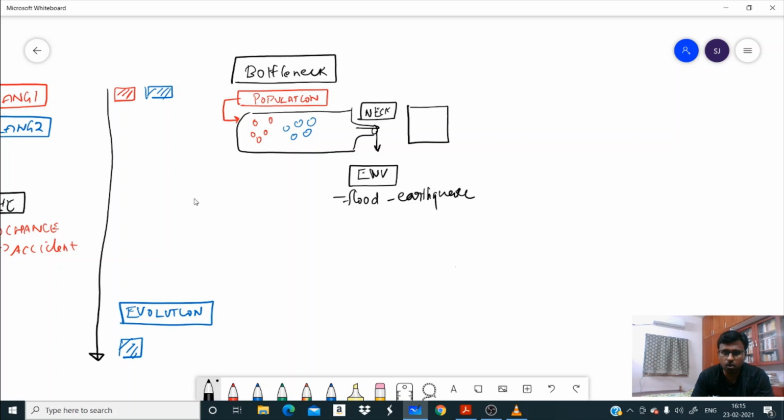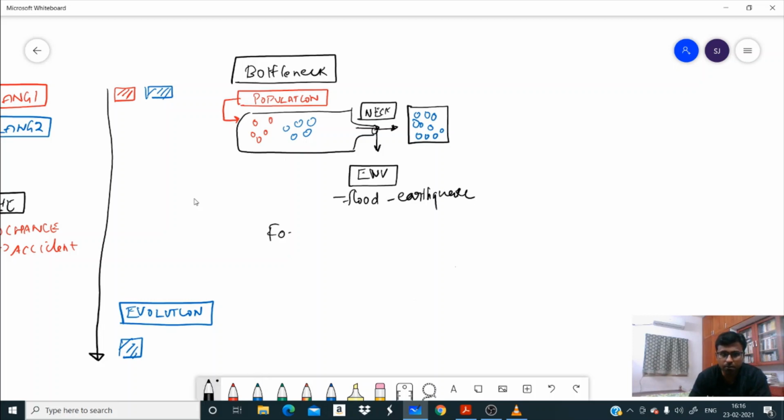So what will come out of it? Only the rest. As in genetic drift we saw, only the rest of the population having the blue color will appear. So the change in gene frequency from an equal probability to complete dominance of a blue allele is called evolution by genetic drift, and it is the bottleneck effect.